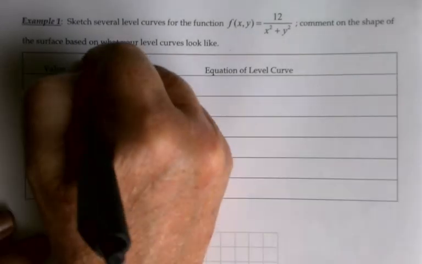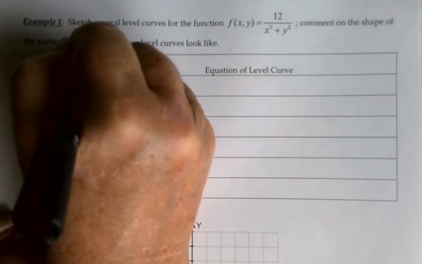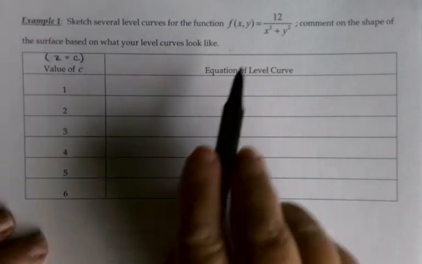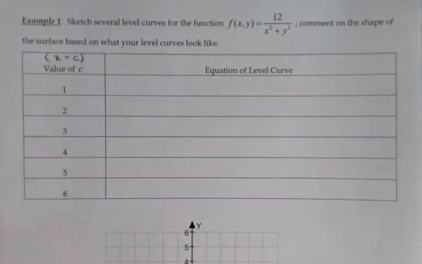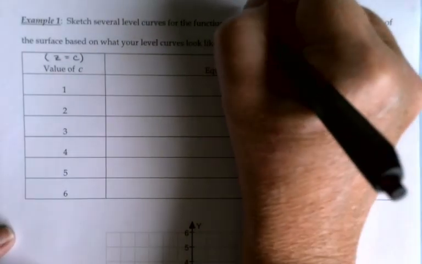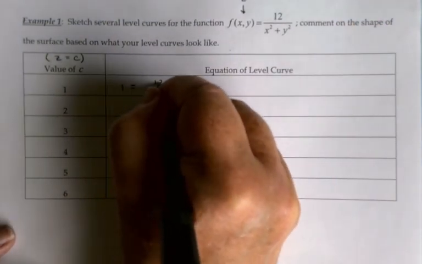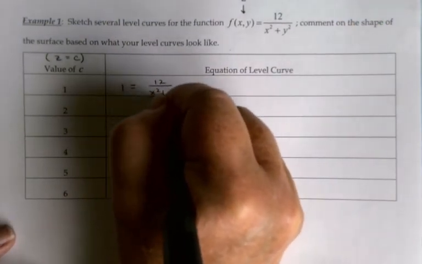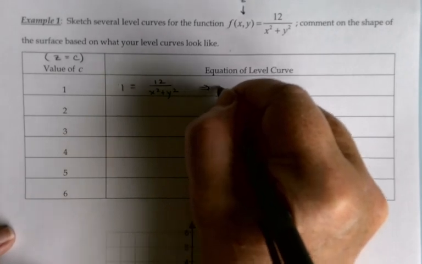Keep in mind, these values of c create the plane z equals c that's going to slice through this surface at different heights. So when z is 1, f of x and y is 1, and so I would just get x squared plus y squared equals 12.